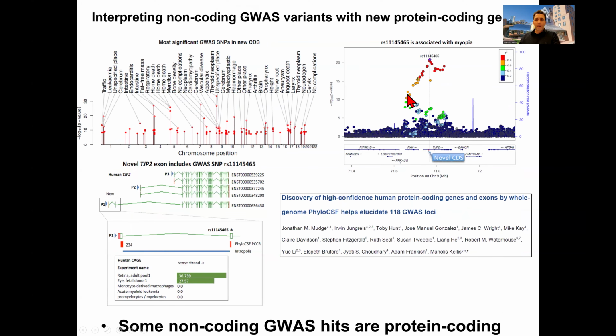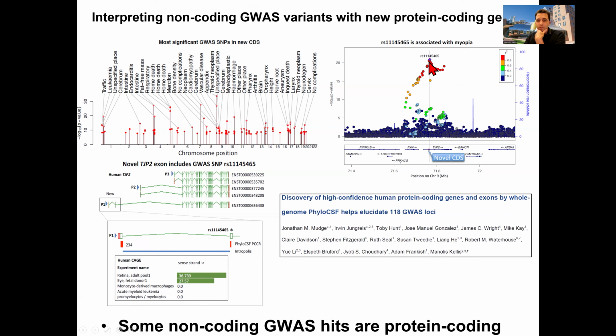You can also now ask, for all of these hundreds of new protein coding regions that we have discovered, do they help us annotate disease regions? And indeed here, you see that this genetic variant associated with myopia, interestingly, we had somehow missed.